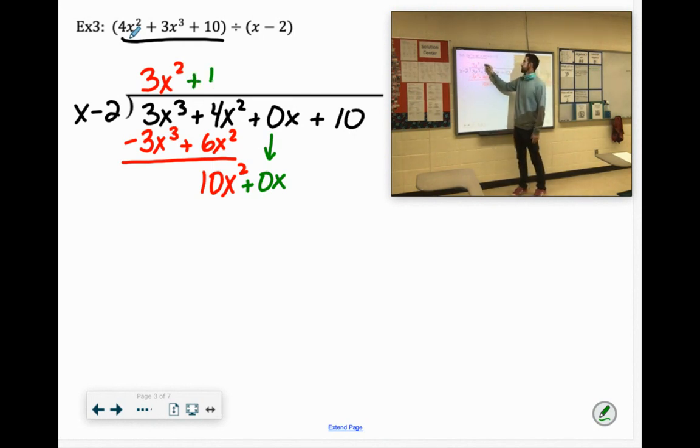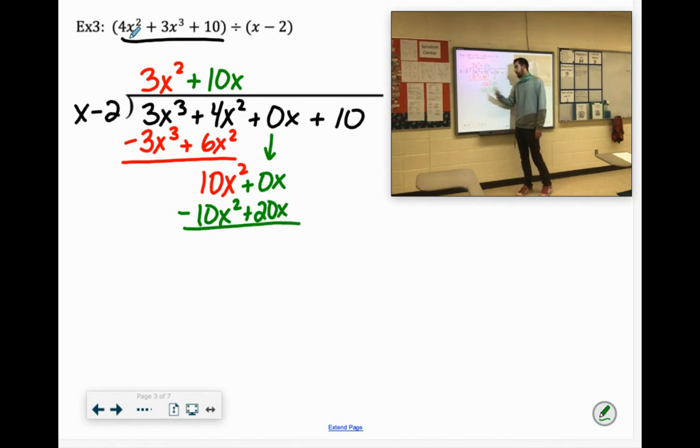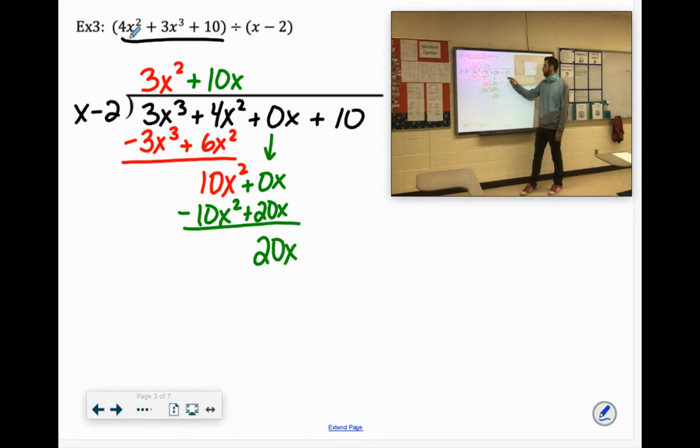So plus 10x. 10x times x is 10x squared, so I'll make it negative 10x squared. 10x times negative 2 is negative 20x, so I'll make it positive 20x. 10x squared minus 10x squared. 0x plus 20x is 20x. We bring down our next term, our 10.